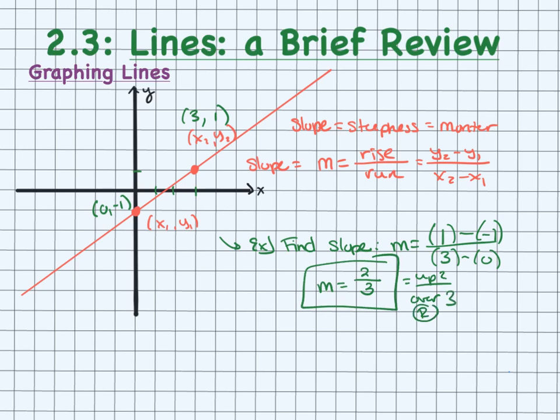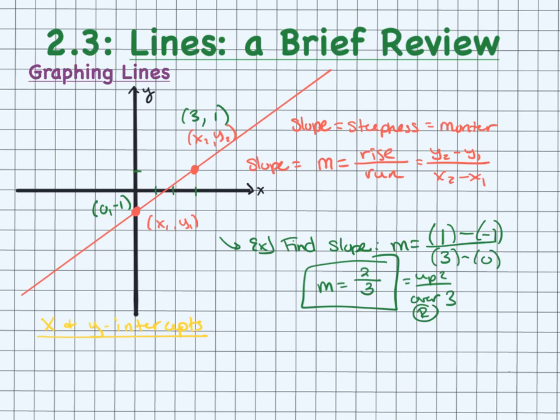Before we do some examples, there's one more aspect of lines that we need to discuss, and those are the x and y intercepts. So let's take a look at these for this line here.